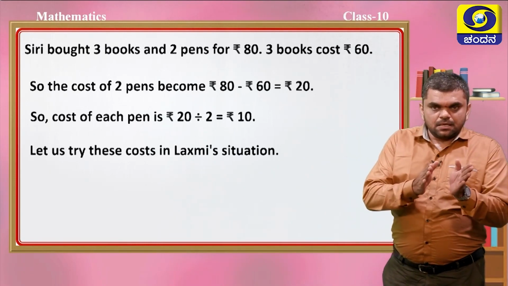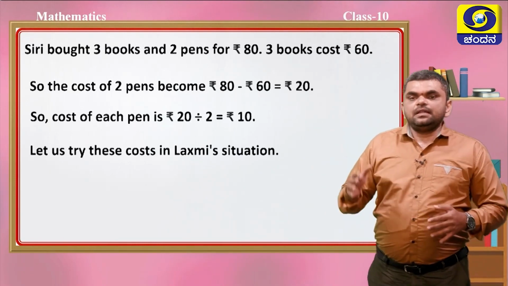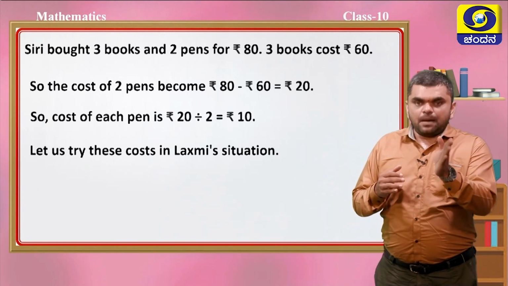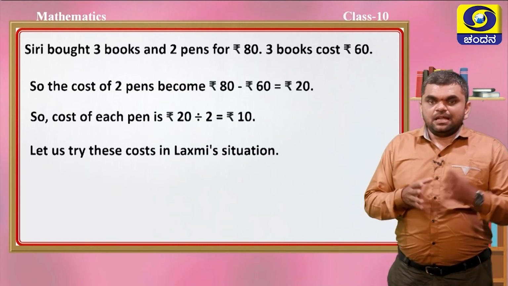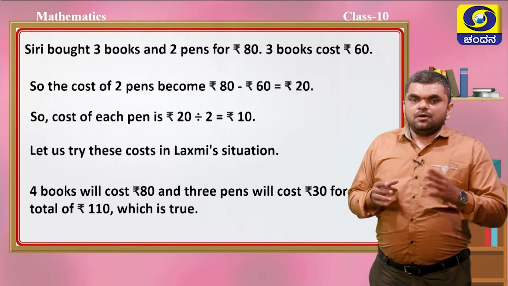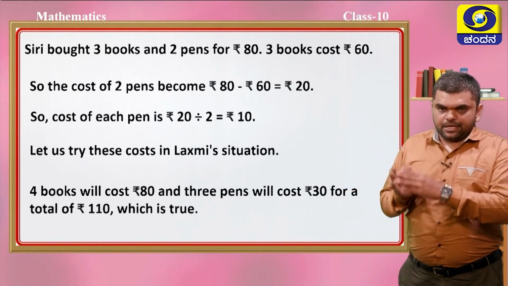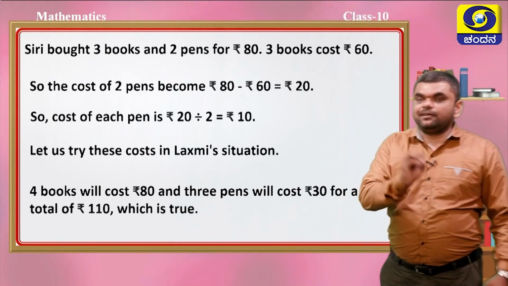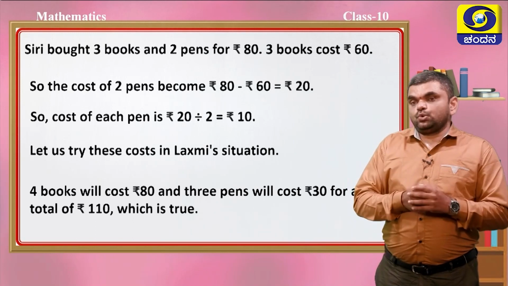Let us do this activity in Lakshmi's situation, or let us consider this amount in Lakshmi's situation. Lakshmi bought 4 books which cost 80 rupees and 3 pens which cost 30 rupees, totalling 110. Both are true in this case.